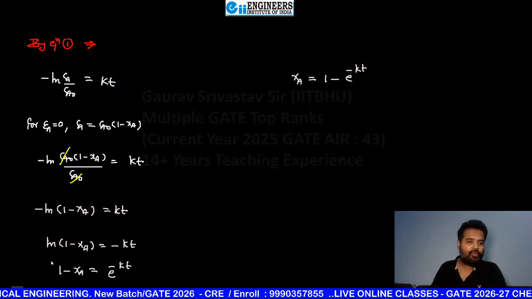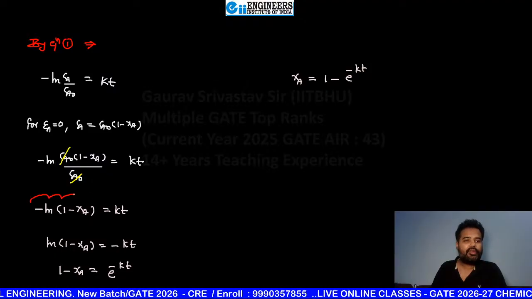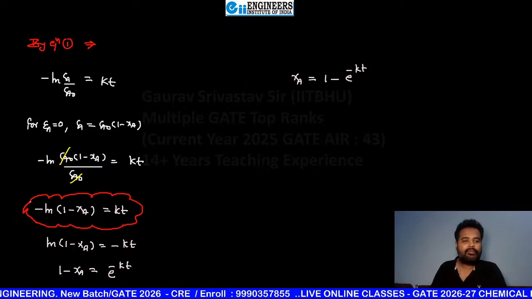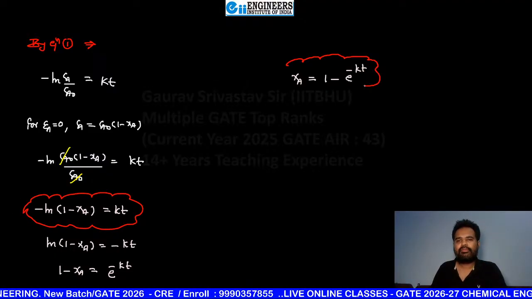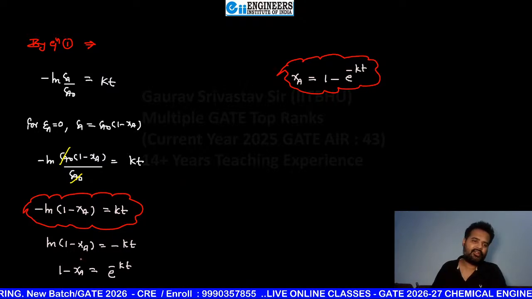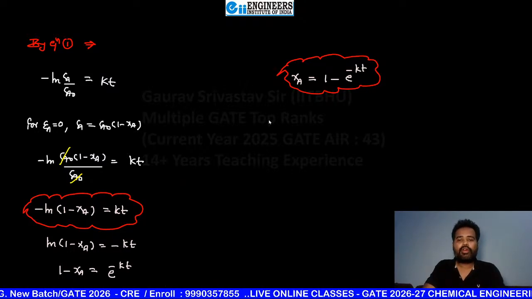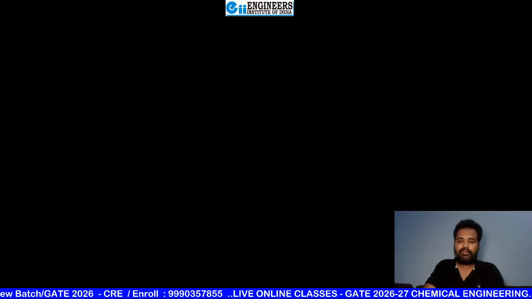Now again you have to plot two diagrams, one for this one and one for this one. Many possibilities are there. So please plot XA versus T in the second case.